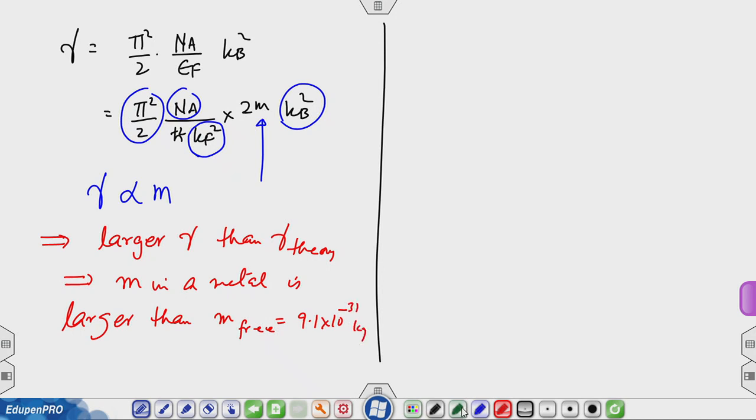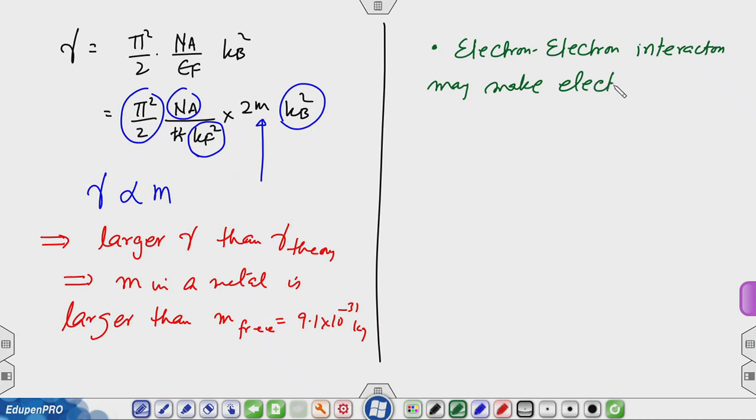How could this be? So the reasons could be electron-electron interaction may make electrons more sluggish, that is, they move slow, implying higher mass.